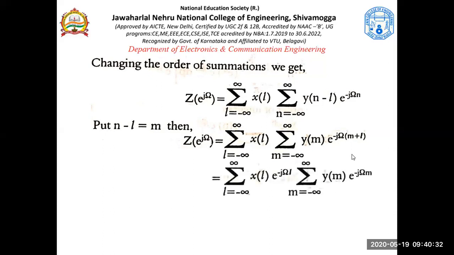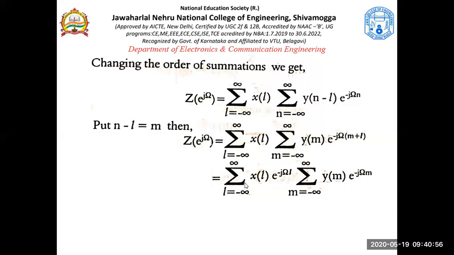Now you have an exponential, which is the function of L. So bring that function of L here along with this summation where L is running from minus infinity to plus infinity. And now these two are in standard form. Which standard forms? We've written the equations for that.